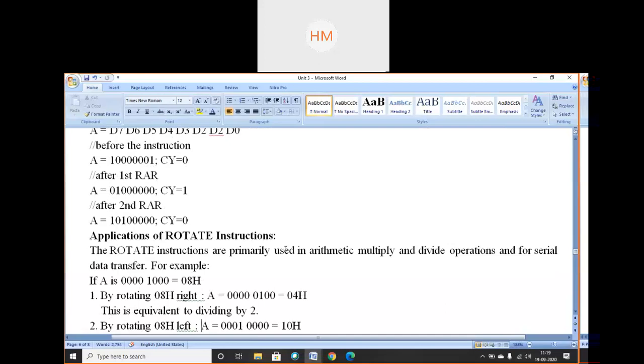For example, if the accumulator holds 08 hex, by rotating 08 hex right you get 04 hex. This is equivalent to dividing by 2. You can try this for even numbers.